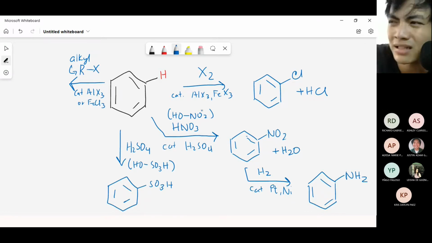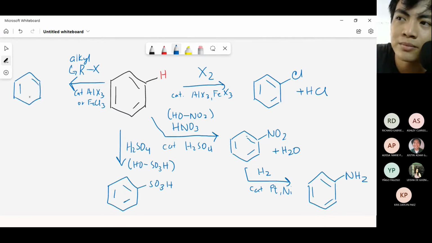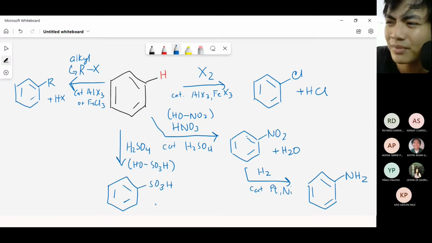Same pa rin naman as the others. So, magpo-produce ka ng benzene ring na may R, okay? Plus, of course, HX. Ito plus H2O. Ito plus H2O din.